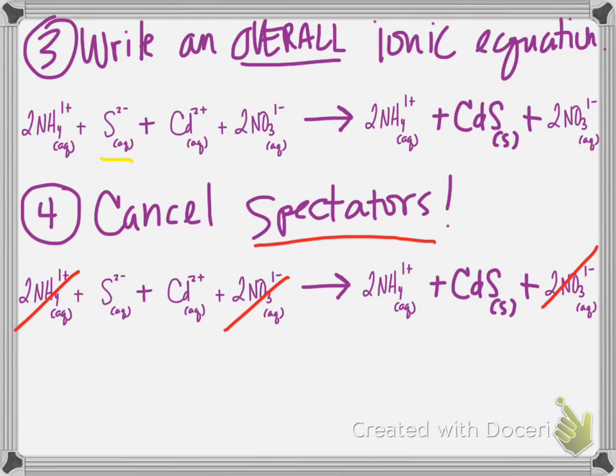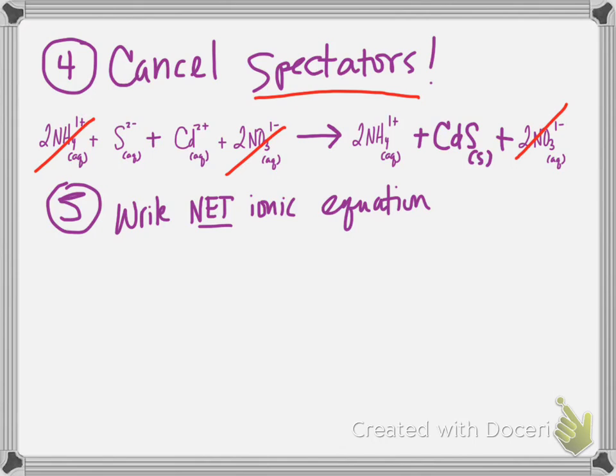Once you've canceled out your spectators, your final step is to, and I guess we should take this to the next page probably. The last step is to write your net ionic equation. So your net ionic equation means that those ions that didn't participate in any way, that were just spectators, you don't write.